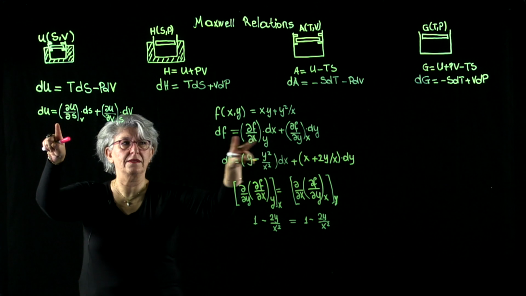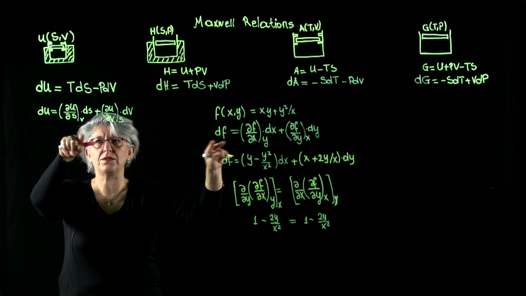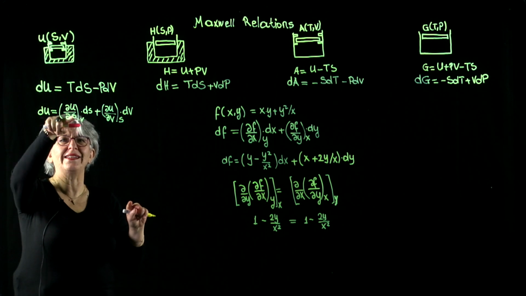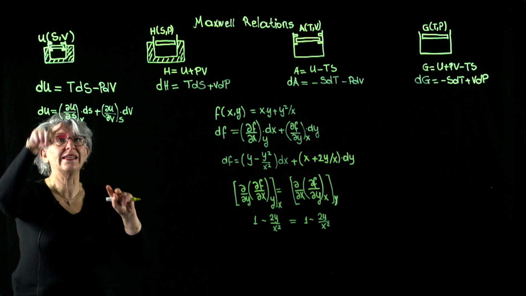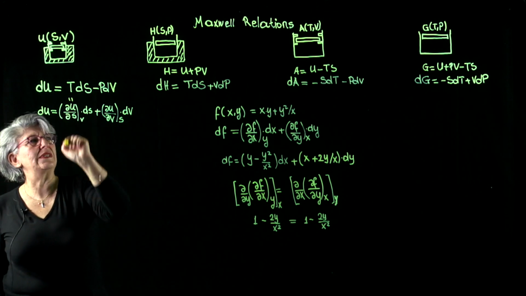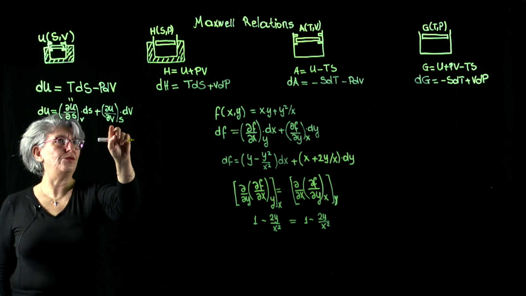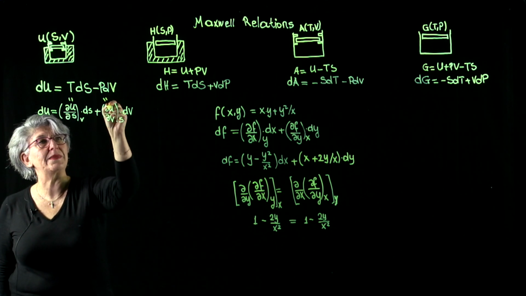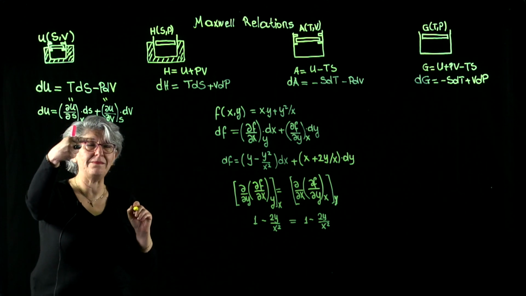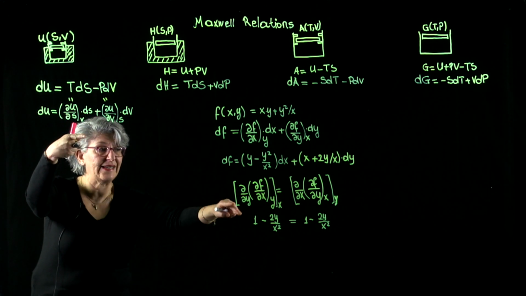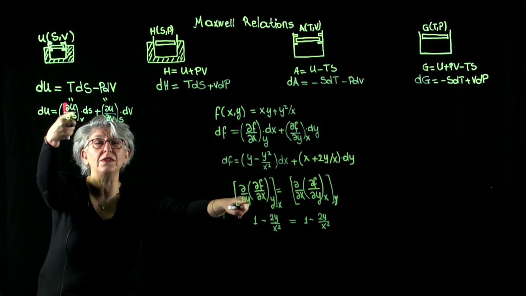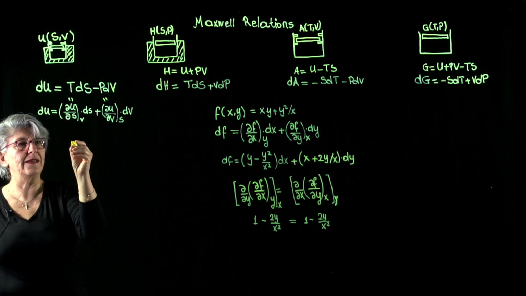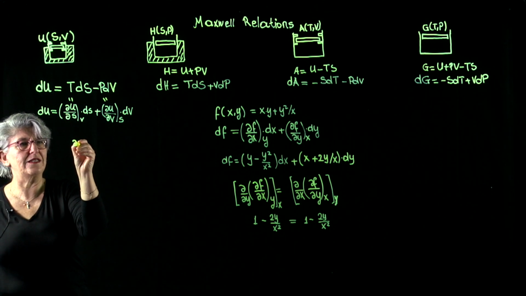Now, this and this are analogous. Now, what is my del u over del s at constant v? It is equal to T. What is del u over del v at constant s? Is equal to minus P. Now, I'm going to take them and take their second derivative with respect to the other variable.